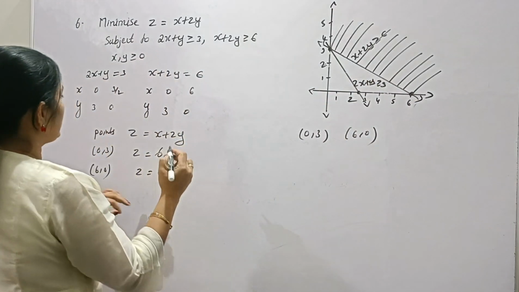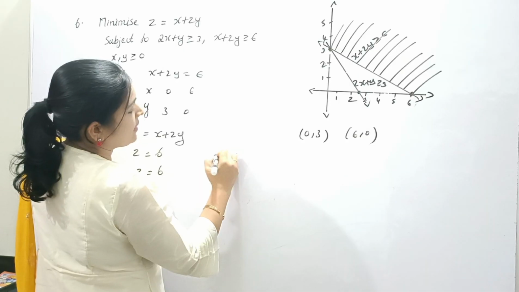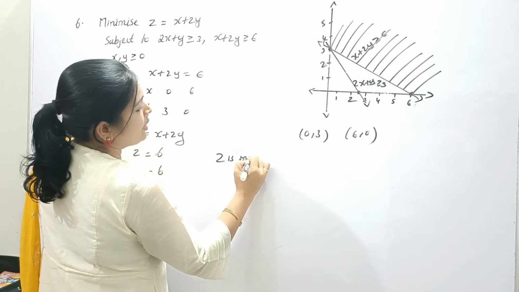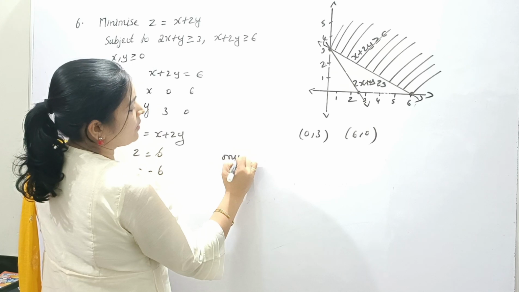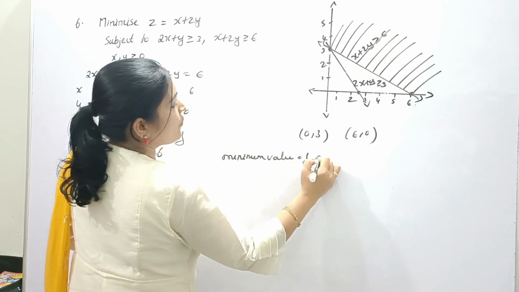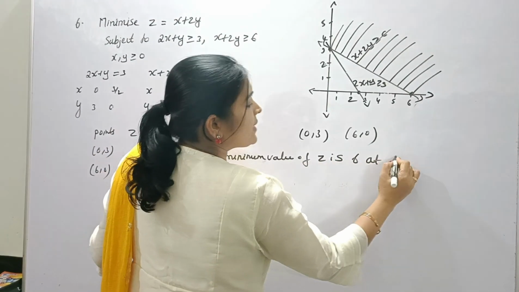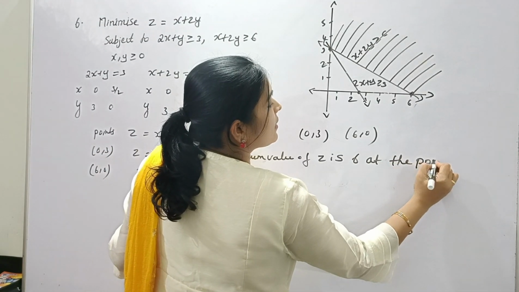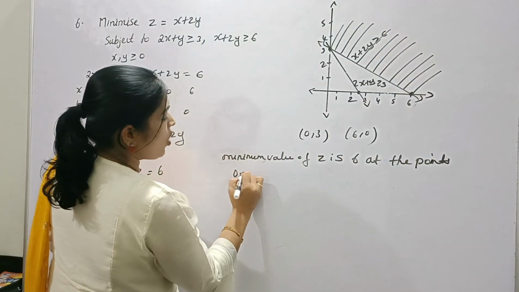Okay, so here we say minimum value of z is 6 at the points on the line.